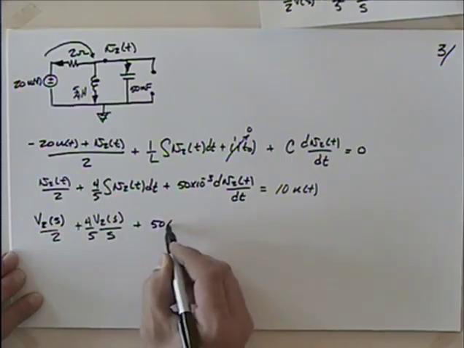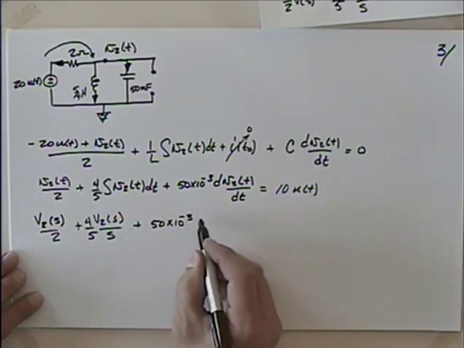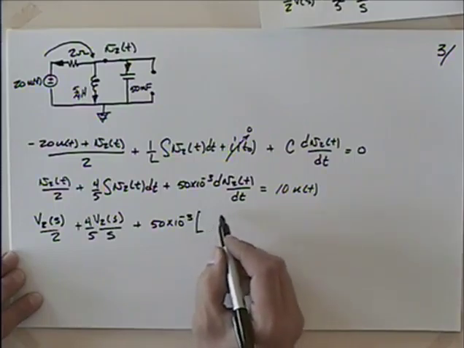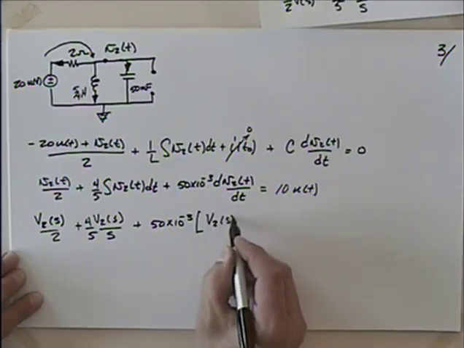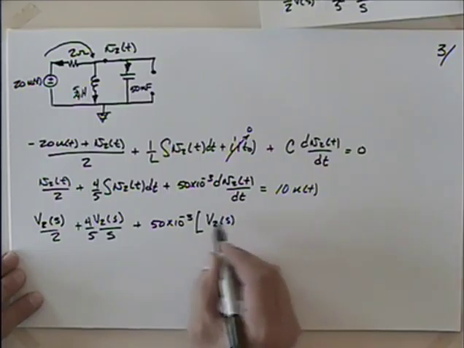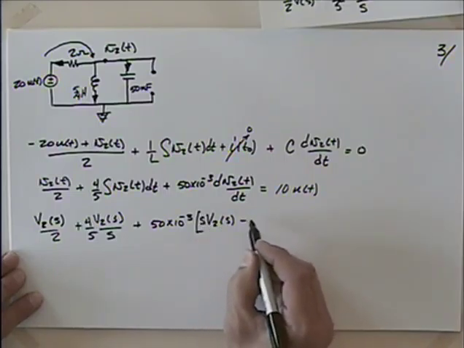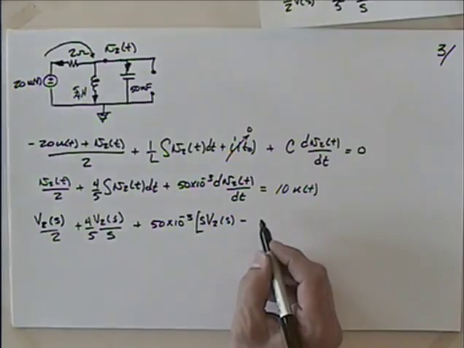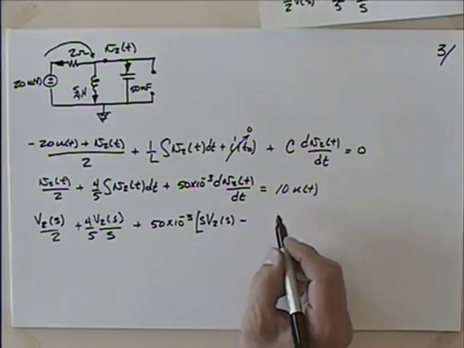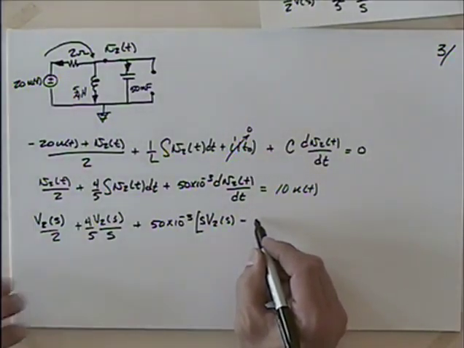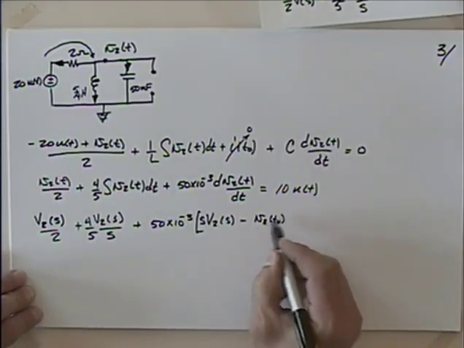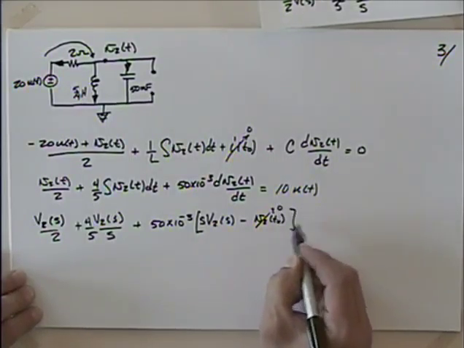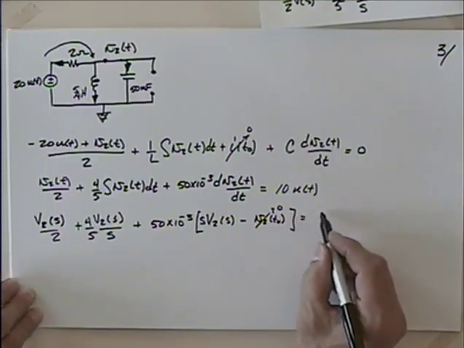Plus 50 times 10 to the minus 3, and we have V2 in the S domain times S minus, is that minus? I think that's minus when we do that. V2 t naught, which is 0, is equal to 10 over S, right?